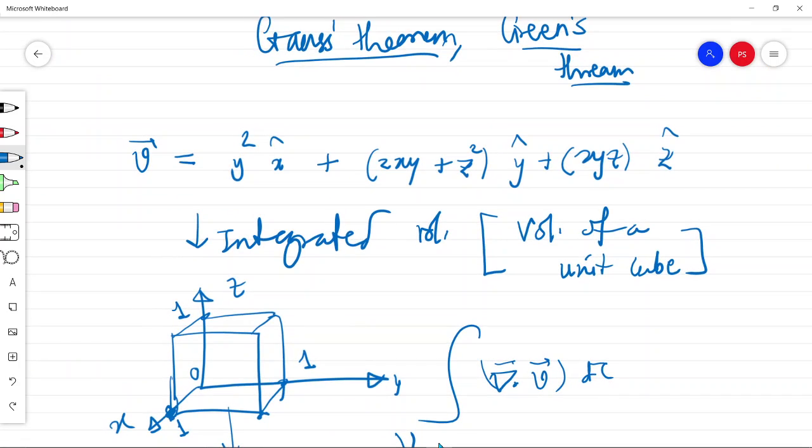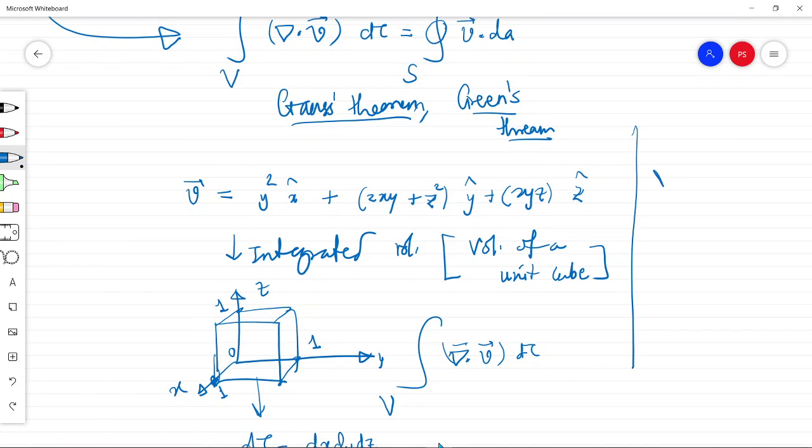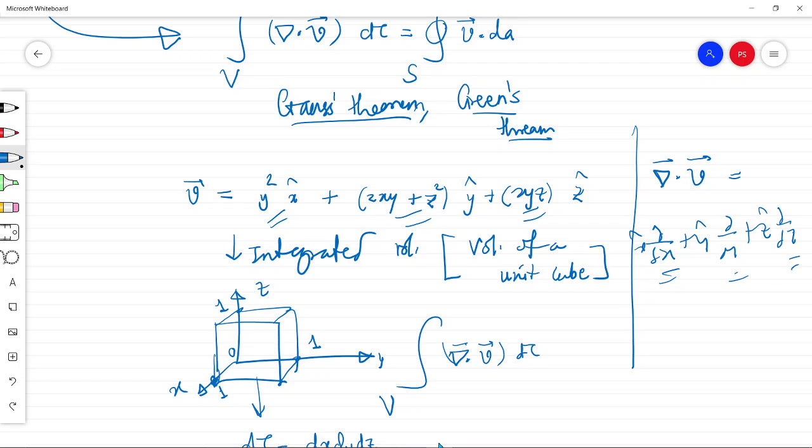Now for this function v bar, its divergence del dot v bar, we should know that del is x cap dou by dou x plus y cap dou by dou y plus z cap dou by dou z. So for these three terms, we take the derivatives with respect to x, y and z partially.